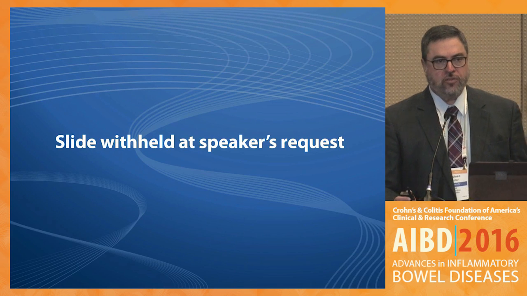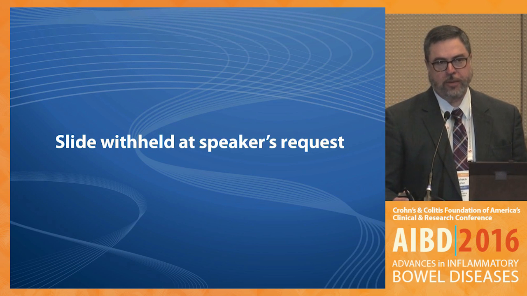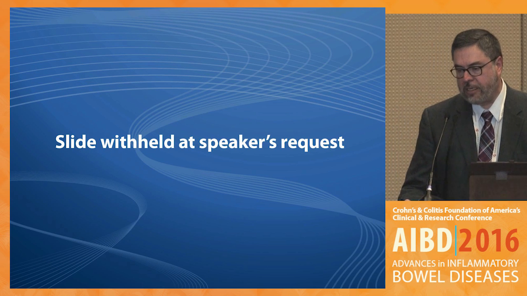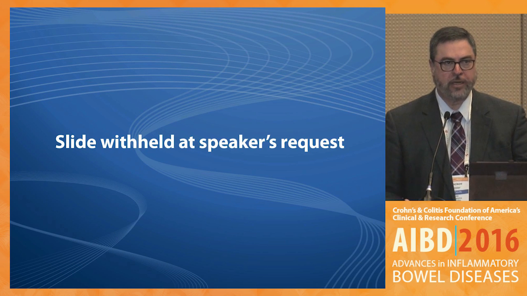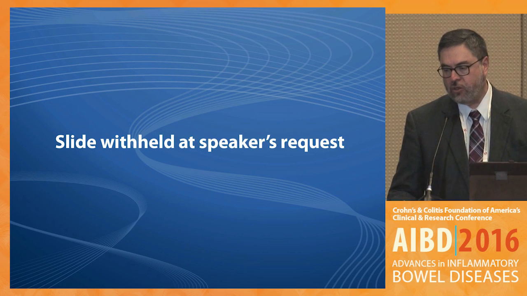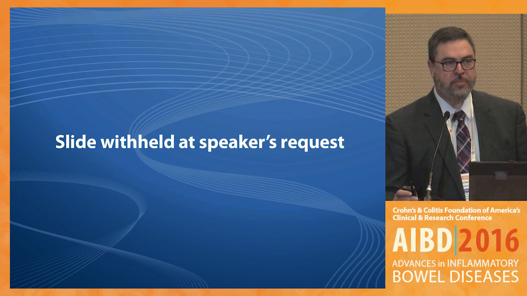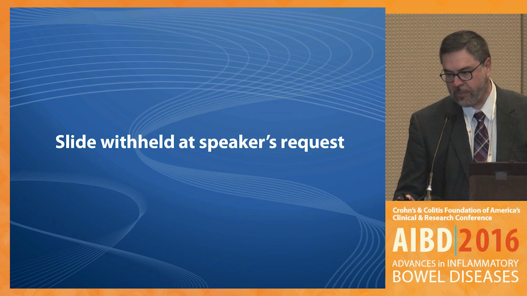I want to close with highlighting again the risk study, and Dr. Kugathasan spoke about the risk study yesterday. But in the risk study, there were about 900 patients with Crohn's disease newly diagnosed and were analyzed extensively to come up with a prediction model of susceptibility to complications, especially penetrating disease.